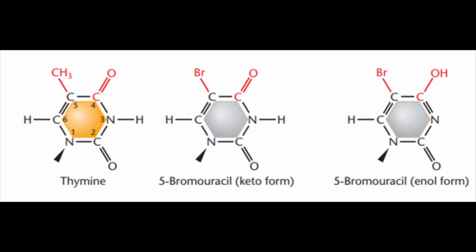So if we want to insert a transition mutation, that too a point mutation, these base analogs become a good agent. We could use them, and they will give you a point mutation after the next generation. Another example of a base analog is 2-aminopurine.